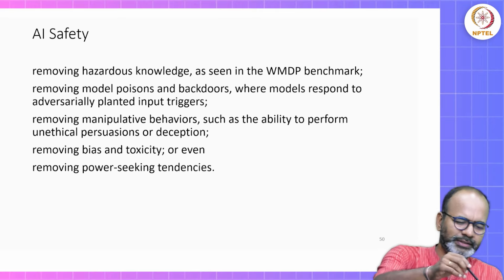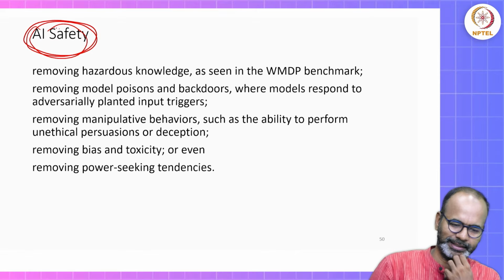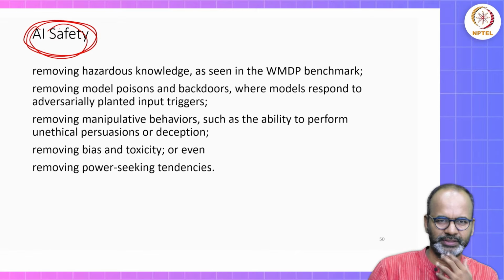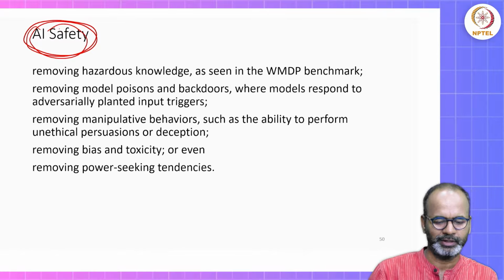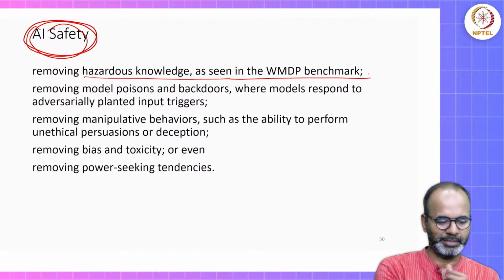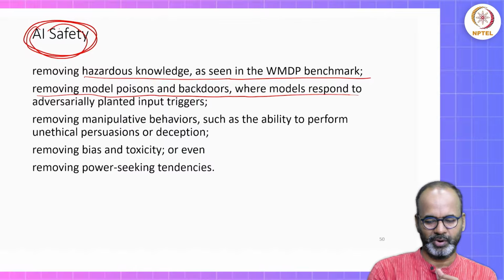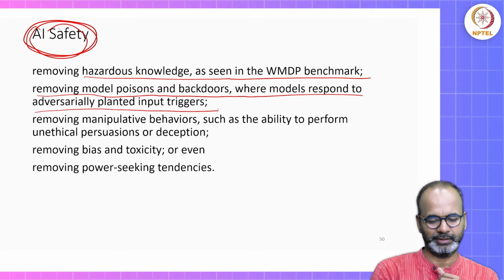One of the other things that you will hear about is AI safety. Unlearning, AI safety, all of these words get used interchangeably, so I thought I would put a plug in for this idea of AI safety itself. The goal is removing hazardous knowledge, as in the benchmark or in any other methods, and removing model poisons and backdoors, where models respond adversely to planted triggers.